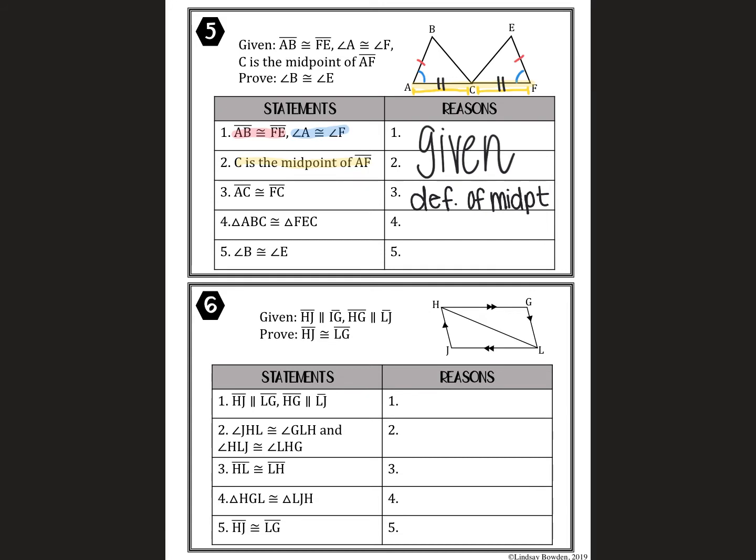After that, I've marked two sides and the angle in between. So this is side, angle, side. But we're still not done because then it says, prove that angle B is congruent to angle E. And we know this because corresponding parts of congruent triangles are congruent.